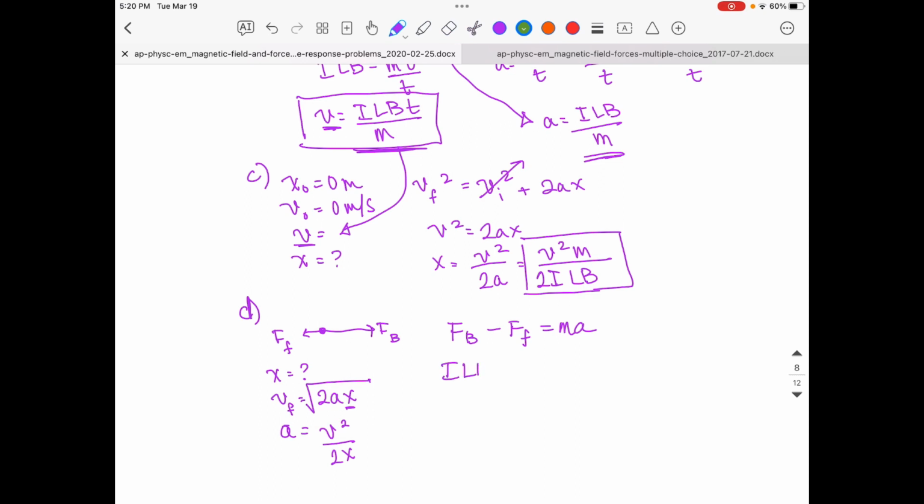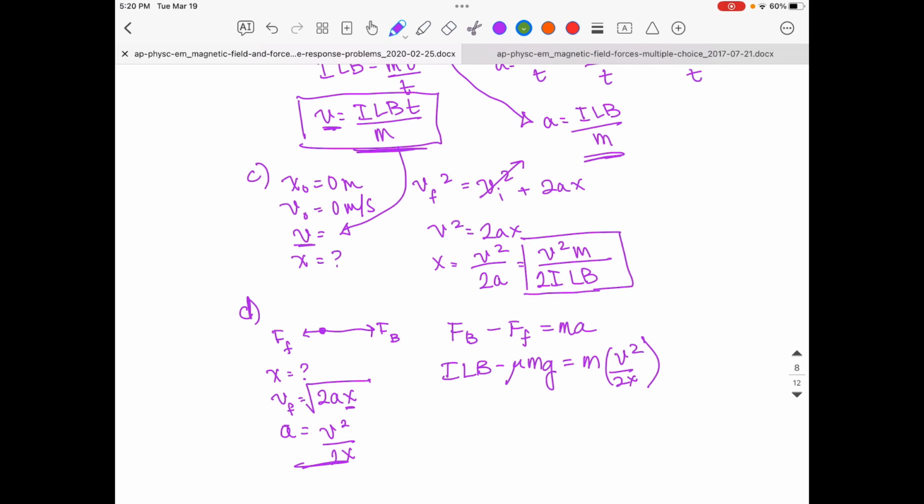So I've got ILB minus mu times the normal force. The normal force here is mg. That's equal to m times our acceleration equation, v squared over 2x. And then we solve for x here.